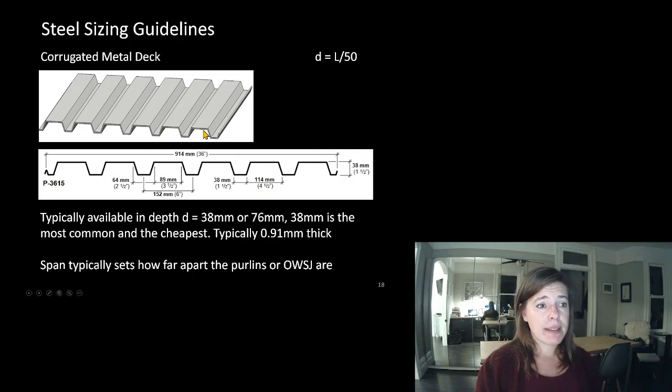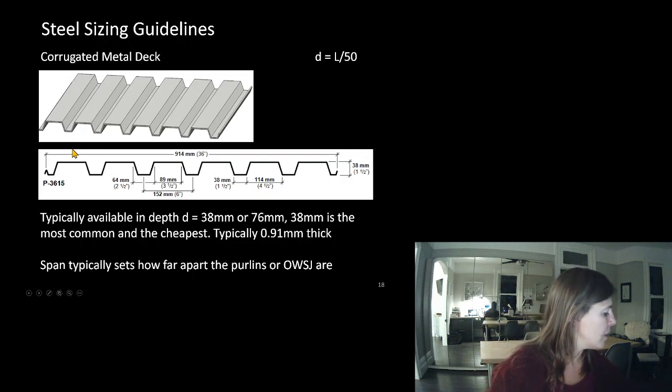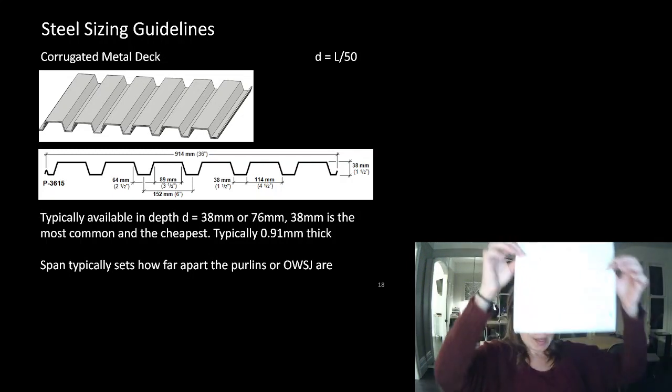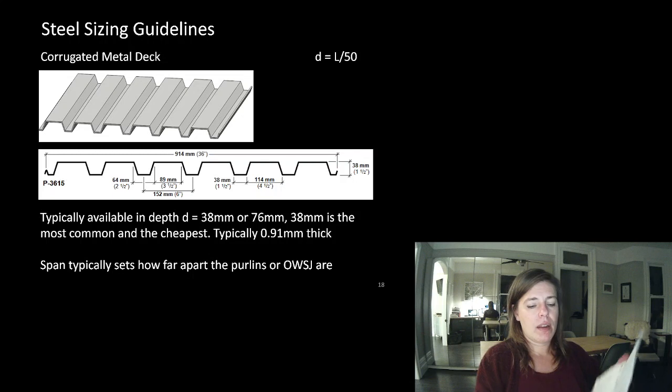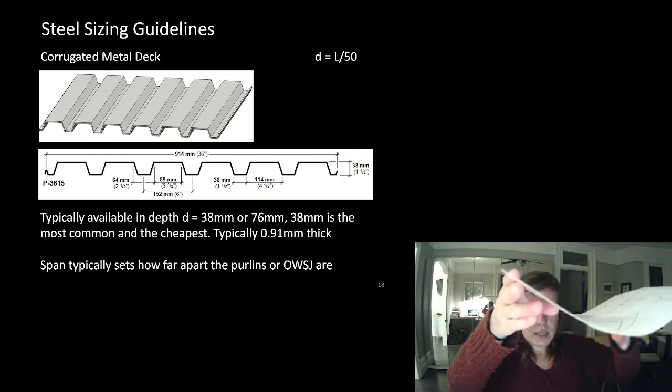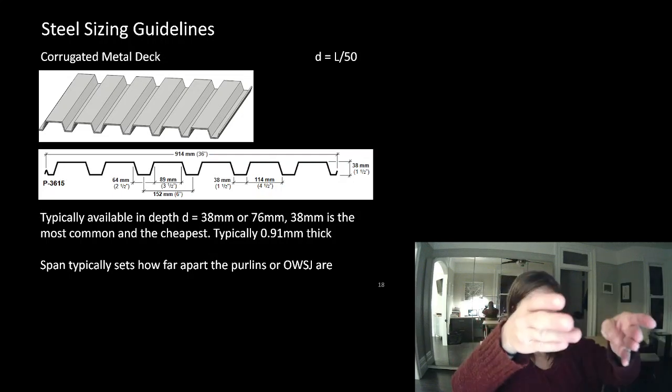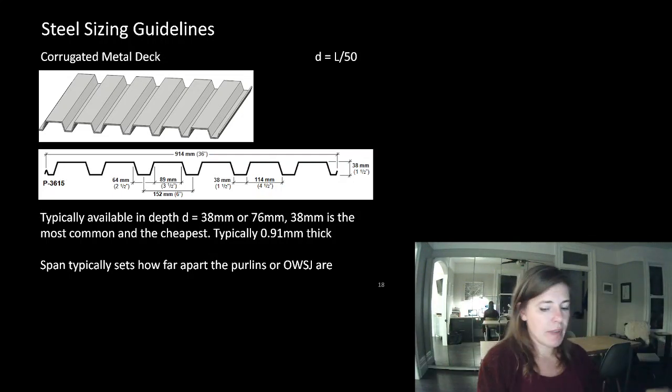Deck spans in this direction. So this is corrugated metal deck, and it's spanning in this direction. What does that mean? Well, if I have this piece of paper and I am spanning it from one hand to the other, you can see it's really flimsy.